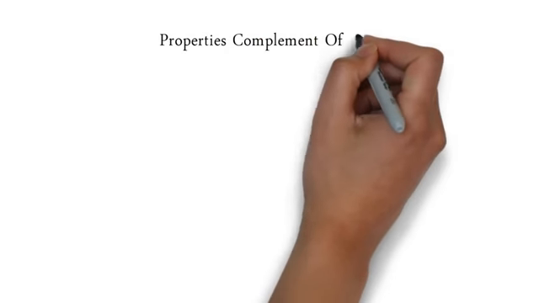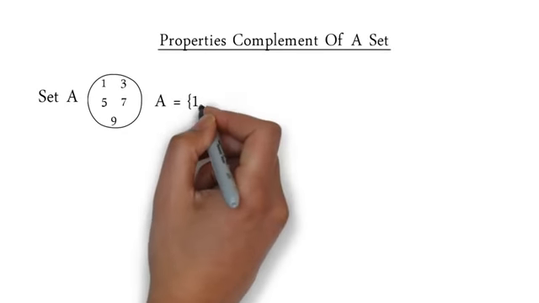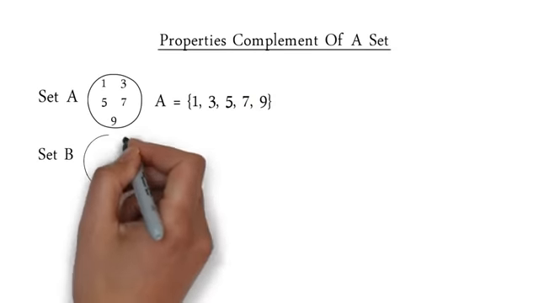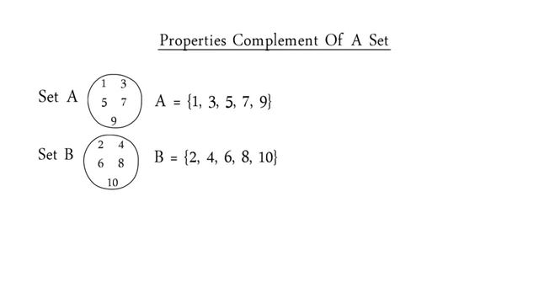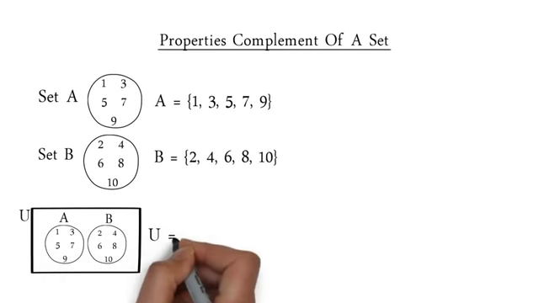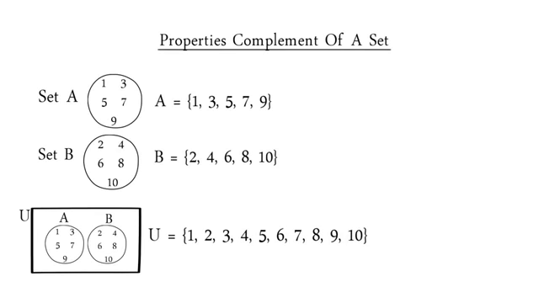Properties of complement of a set. Set A with elements 1, 3, 5, 7 and 9. Set B with elements 2, 4, 6, 8 and 10. Thus, U contains the elements of A and B sets and is called the universal set.